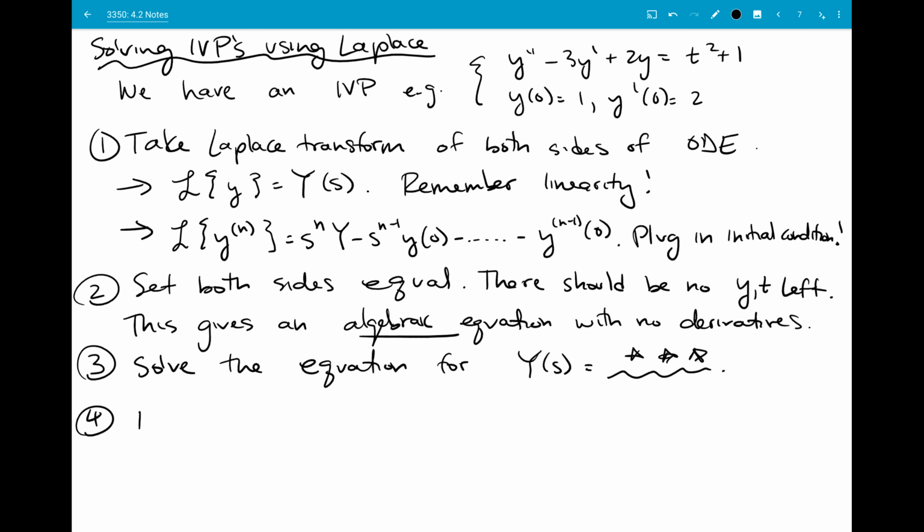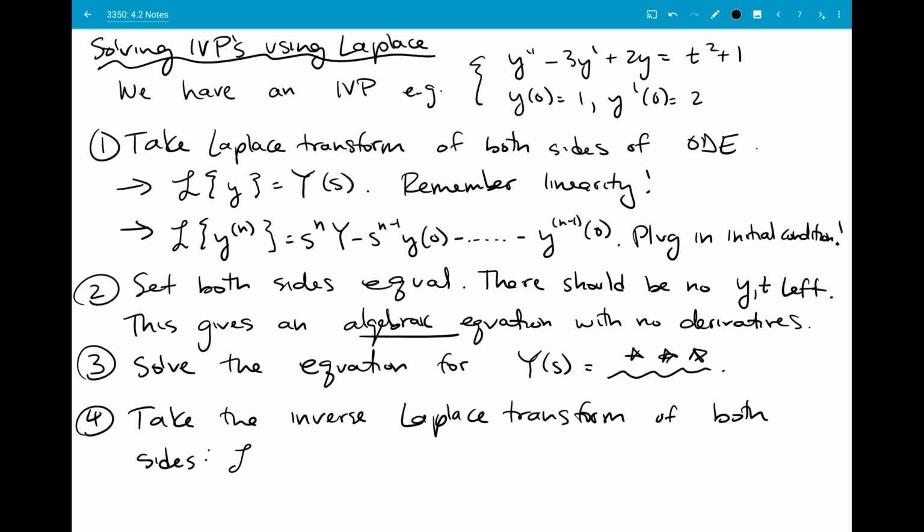And then your last step is to take the inverse Laplace transform of both sides. So that's going to look like L inverse of capital Y is equal to L inverse of that stuff that I said will vary by problem.